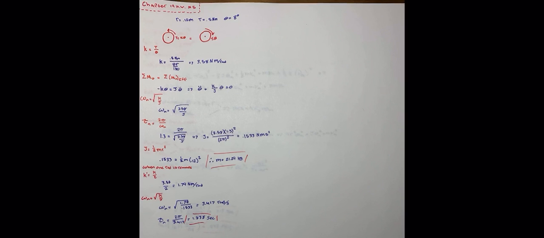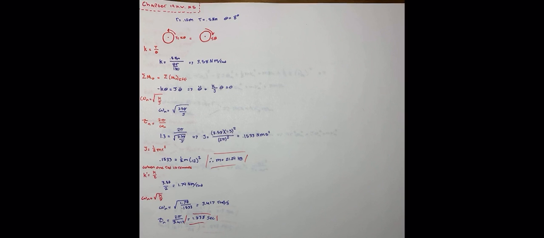Combining those, we get J is equal to 3.58 times 1.3 squared over 2 pi squared, which is 1.533 Newton meter second squared. We also know that J is equal to 1/2 m r squared, so we can use that to solve for the mass, which is 21.29 kilograms.